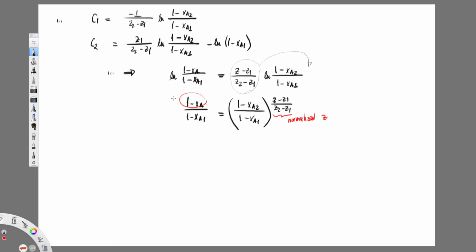And this is really XB over XB1. So this is like normalized XB, because XA plus XB is 1, correct? And this is really XB2, B1, and it's constant, right? So it's some constant to the normalized Z. So it's not all that bad.